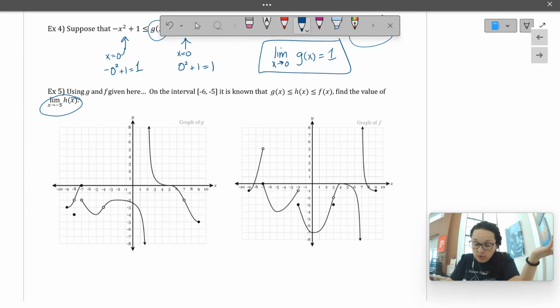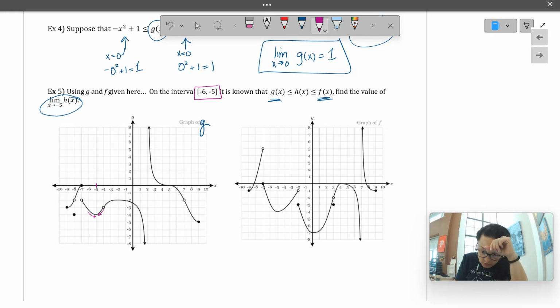Well, I don't know anything about h, but I do know about g and f, so let's find those limits instead. So if I find the limit of g as x approaches negative 5, let's see, here's negative 5. As x approaches negative 5, from both directions, although I don't really care from both directions because they're kind of telling me by that interval I should look from the left.